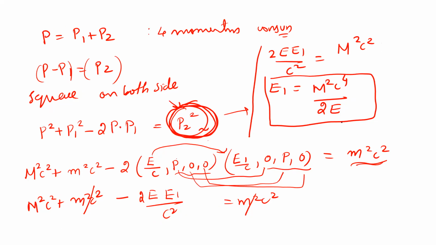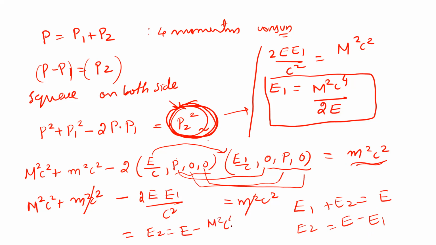Now we have got E1. How to find E2? We know that E1 plus E2 is equal to E. So E2 is simply E minus E1. I'll write it here. E2 is equal to E minus m squared c raised to 4 divided by 2E.